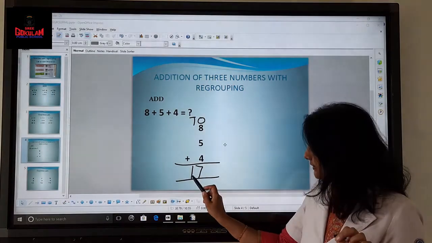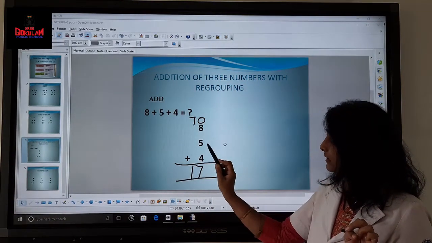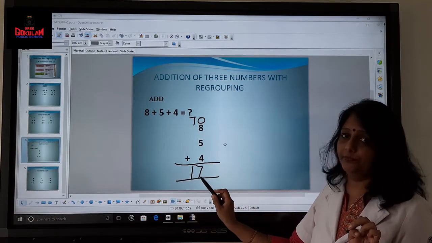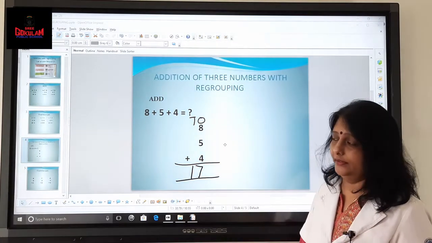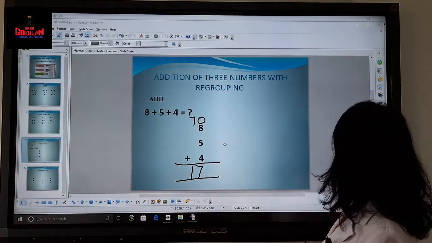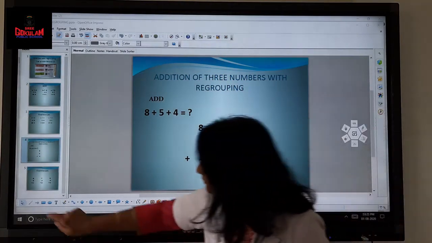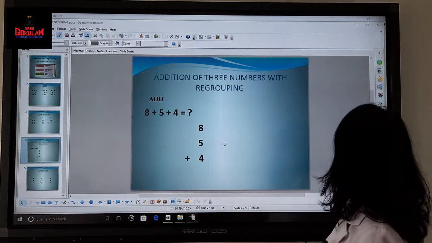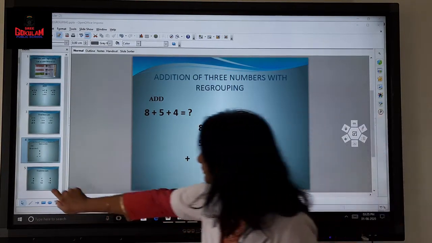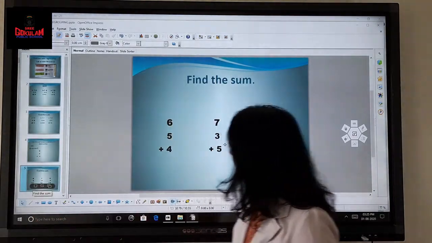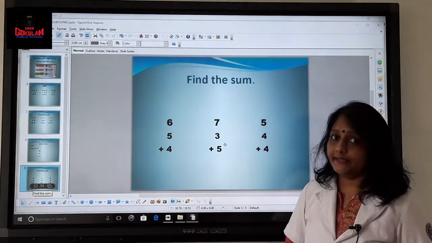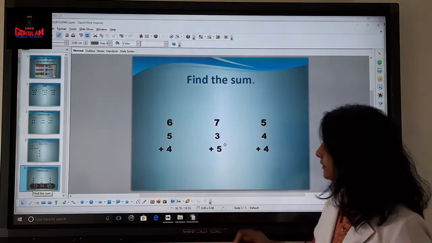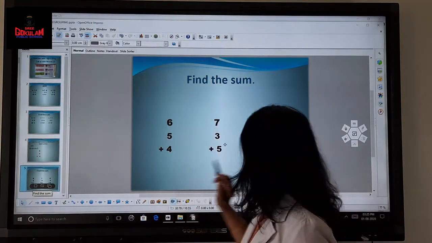So the answer is 17. 8 plus 5 plus 4 is 17. We will do more examples. Yes? How to do this?